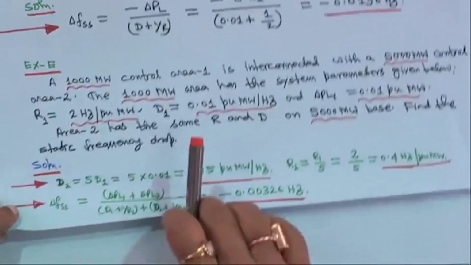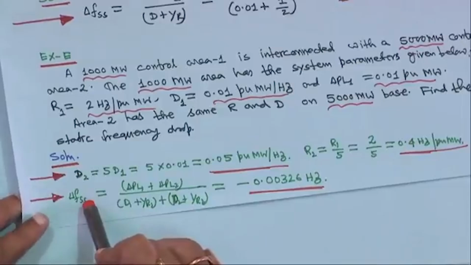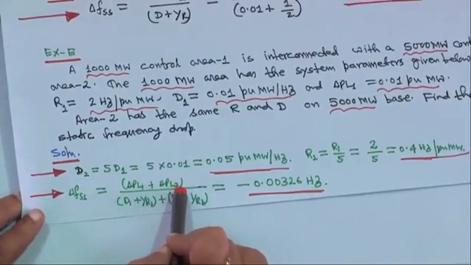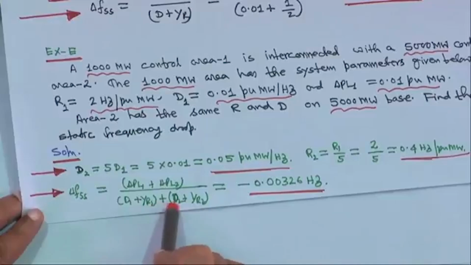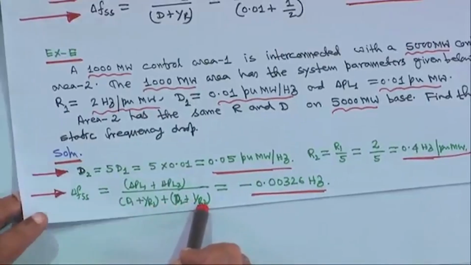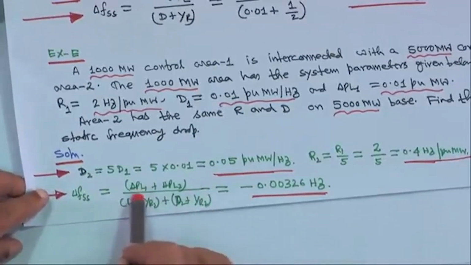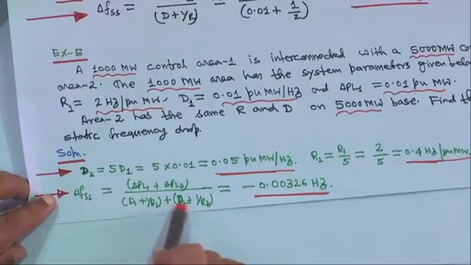And we know the steady state frequency delta FSS is minus delta PL1 plus A12 delta PL2, divided by D1 plus 1 upon R1 plus D2 plus 1 upon R2. Delta PL2 is 0, and delta PL1 value you put, and D1, D2, R1, R2, everything is known, right?